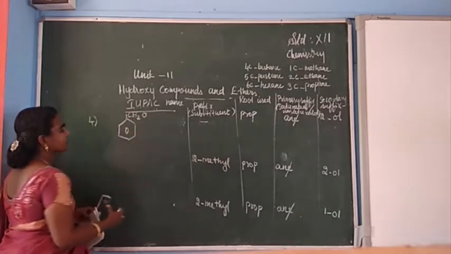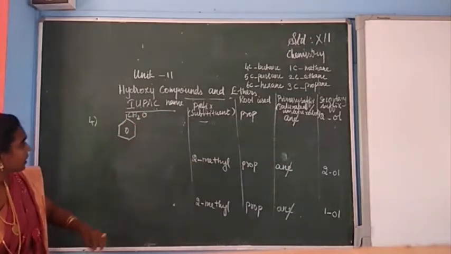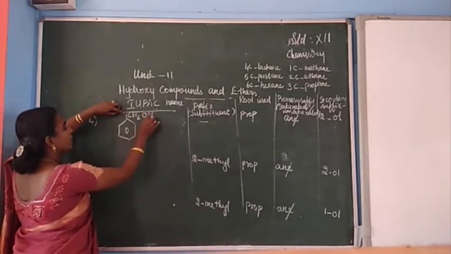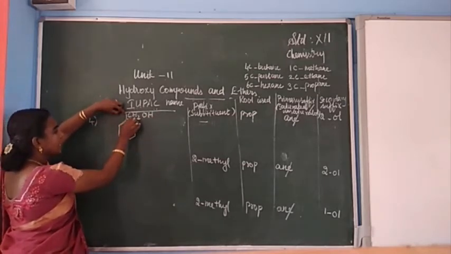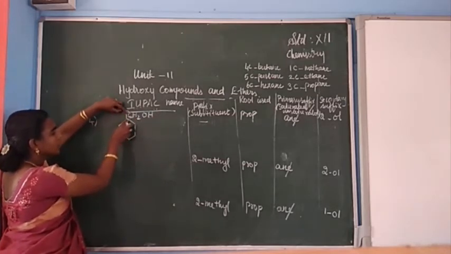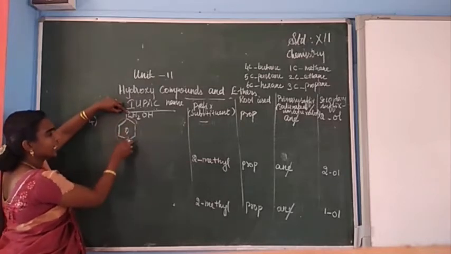CH2 OH. When you consider this compound, take this only one carbon, so this will be taken as a substituent, phenyl group.